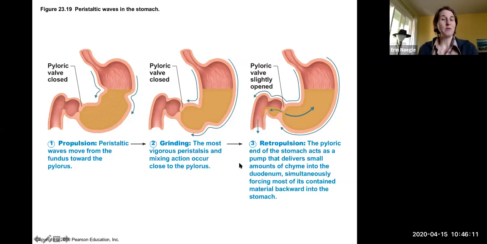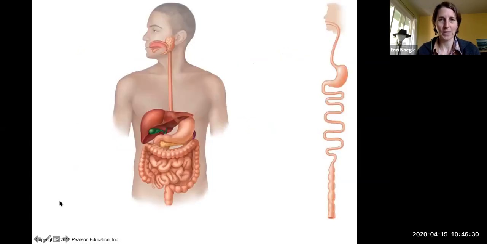It just lets a few mils, like 3 to 5 mils of fluid through at a time, and then it's going to close again for the next peristaltic wave. And as we talked about, it's important that all that stomach content doesn't leave your stomach too quickly. So 3 to 4 hours in the stomach. What's next? Small intestines.